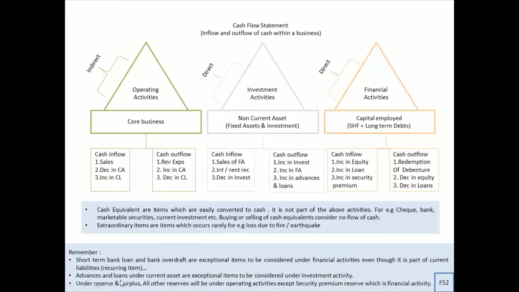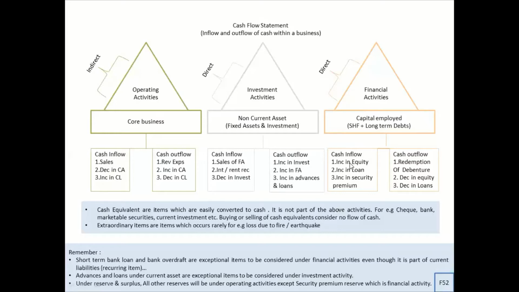Now, talking about your reserves and surplus, you might come across a term called securities premium reserve. Now, what is securities premium reserve? This is additional money that you charge from your shareholders when you give them shares. A company has started a business and their share rate was 100 rupees. We call it the face value, or nominal value, the value in the beginning.